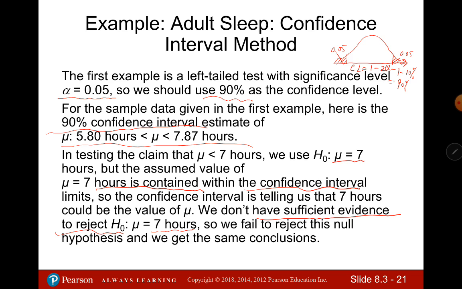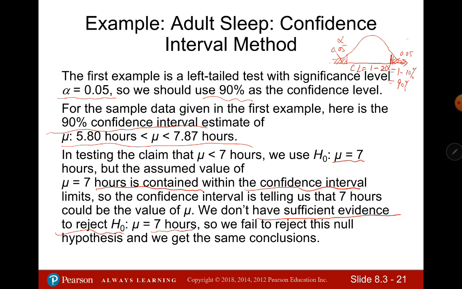In this example, because we are doing a one-tailed, left-tail test, the left tail should have 0.05. That's our alpha, right? And because we are talking about the confidence interval, it always has two sides.